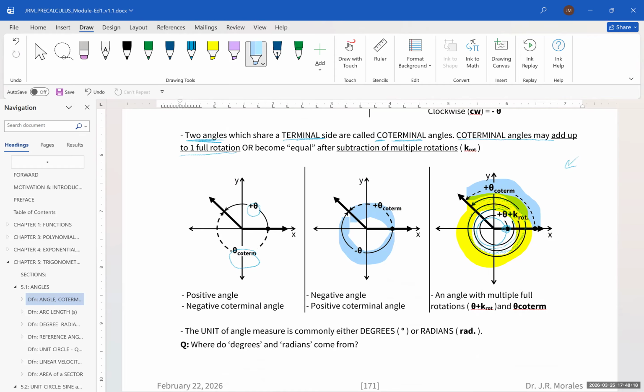But that's one of two different definitions. The other definition is the angle you have left after you've subtracted full rotations around. What you have left is the coterminal angle.